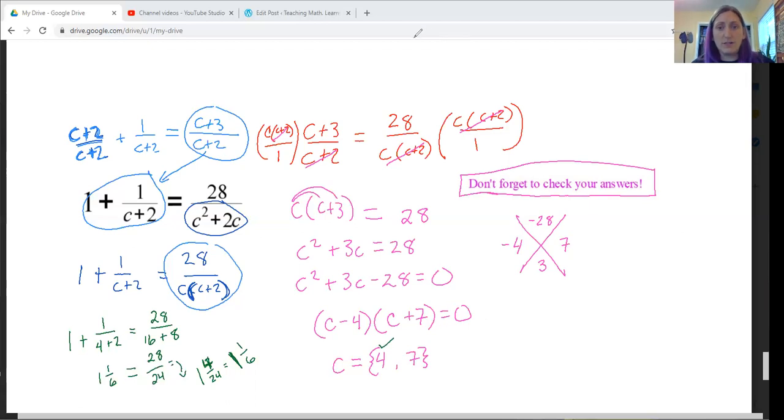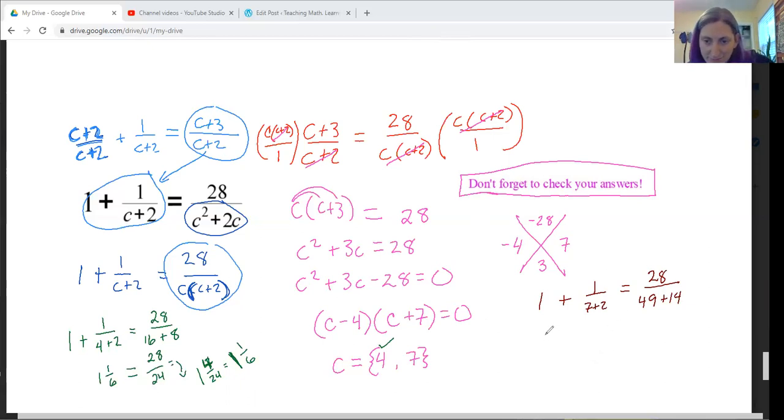Now we're going to go ahead and try 7. Okay, let's try 7. We have 1 plus 1 over 7 plus 2 is equal to 28 over 49 plus 14.